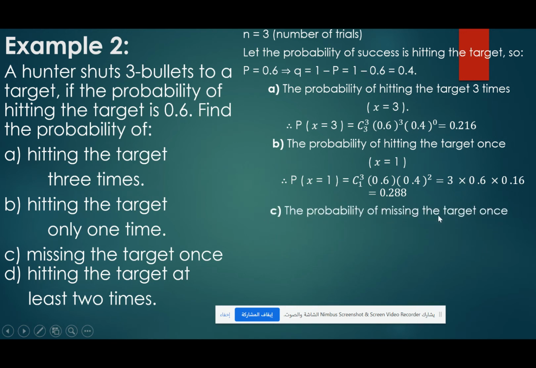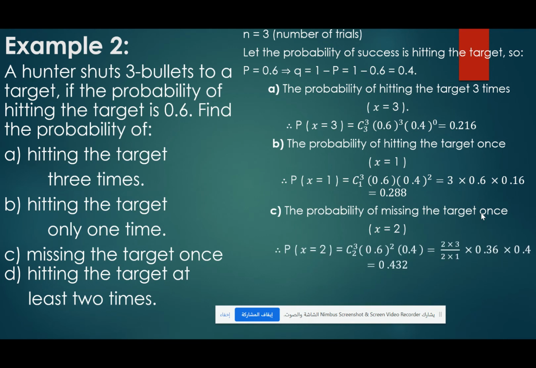See the probability of missing the target once. That means we are going to hit it 2 times. So that will make it x equals 2, and the probability of x equals 2, after using the binomial rule, you will get 3 combination 2 of 0.6 to the power of 2, and 0.4 to the power of the difference between them, which is 1. 3 combination 2, that means we're going to write 3 times 2 over 2 times 1, times 6 times 6 is 0.36 times 0.4.